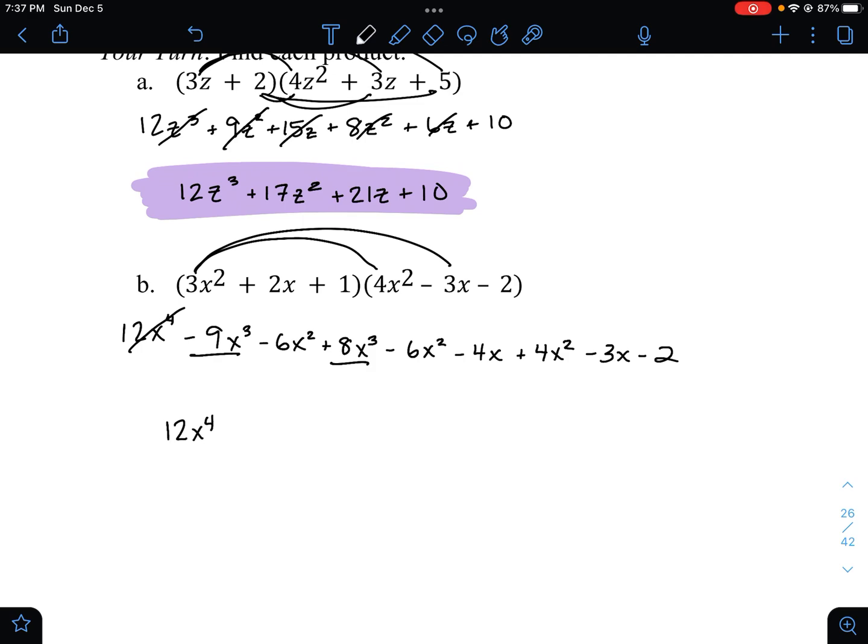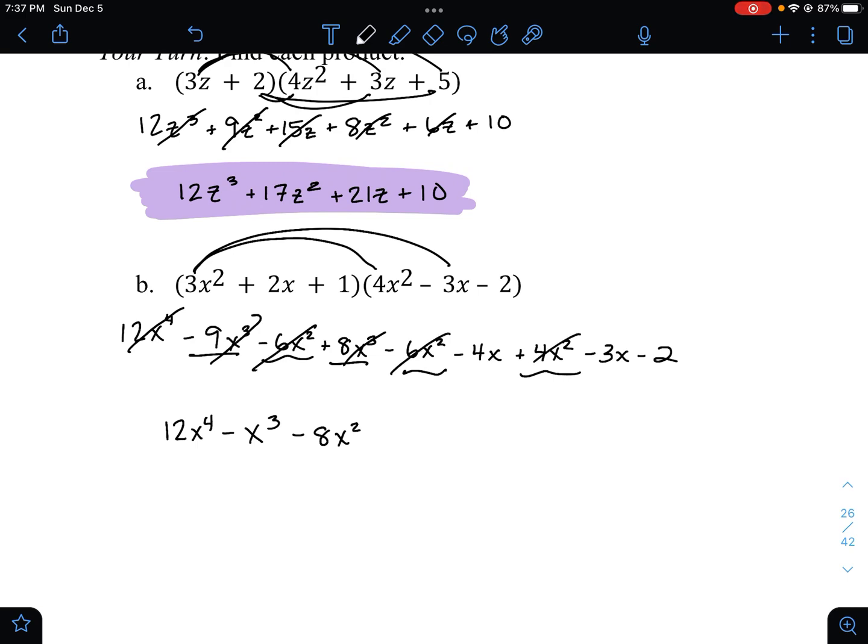Yep, should be on my cubes. So negative x cubed. Yep, that's all my squares. So minus 8x squared. Negative 12 plus 4, yep, negative 8. There's my x terms, so minus 7x, and then minus 2. All right.